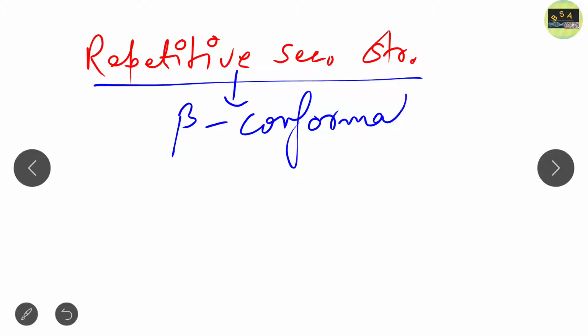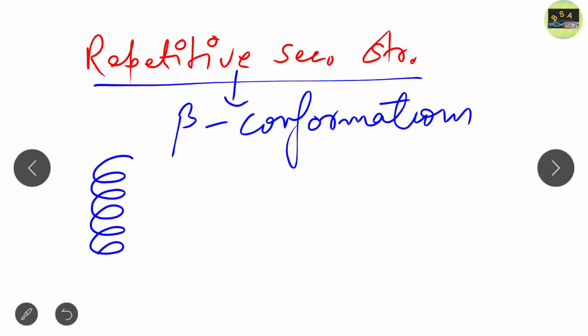Beta conformation is a more extended polypeptide chain as compared to the alpha helix. When we discussed the alpha helix, we saw that it is very compact in nature.